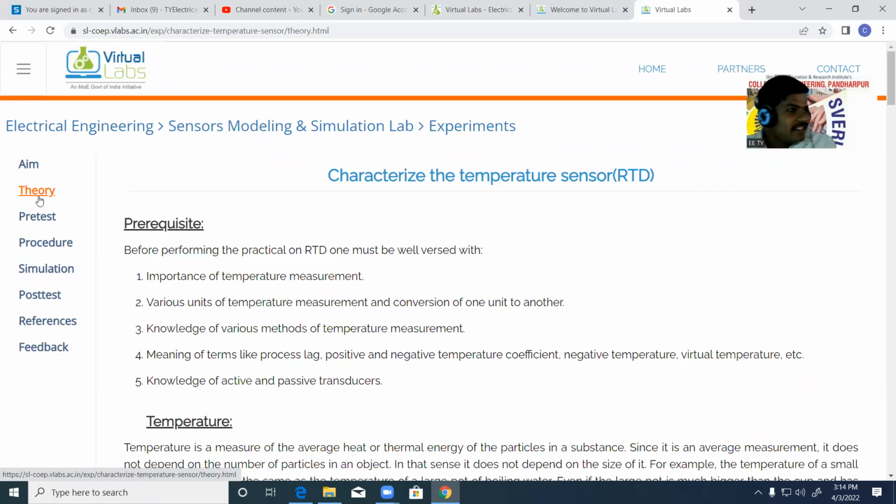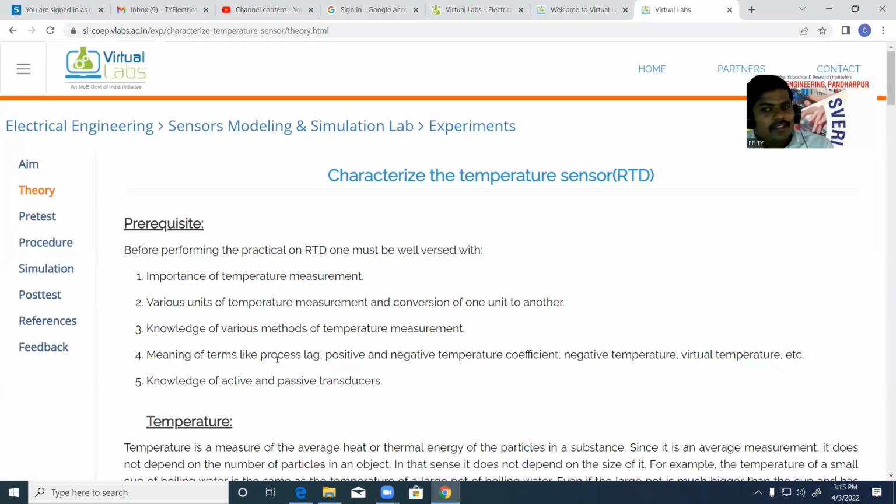Already we have discussed units of measurement. The SI unit is Kelvin.